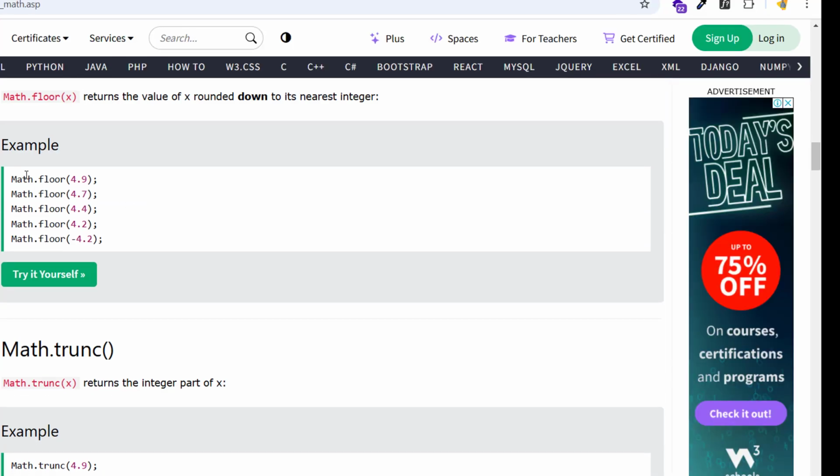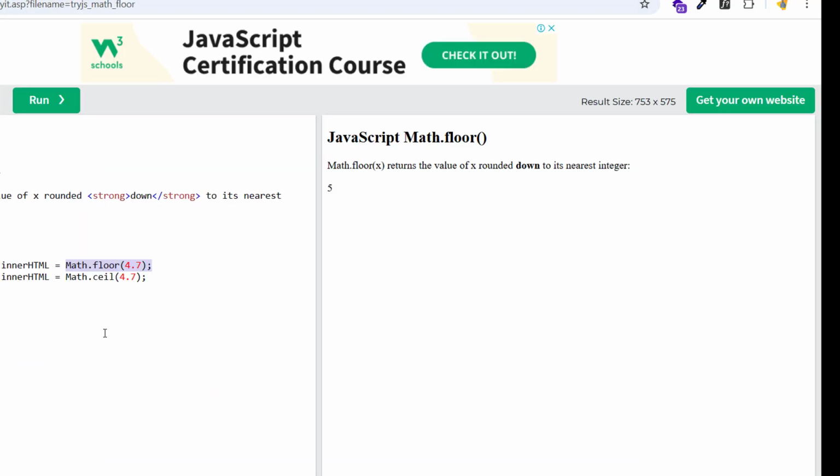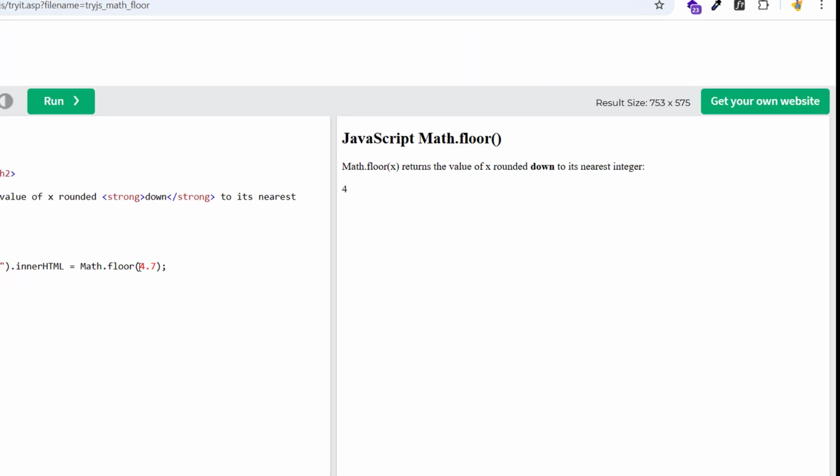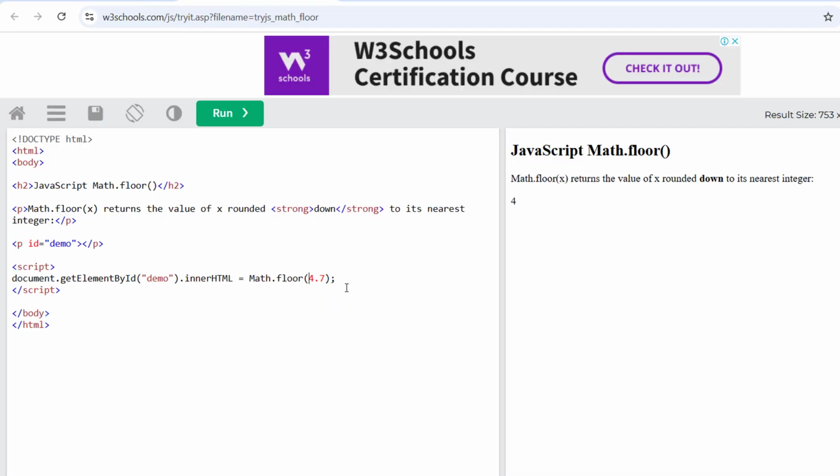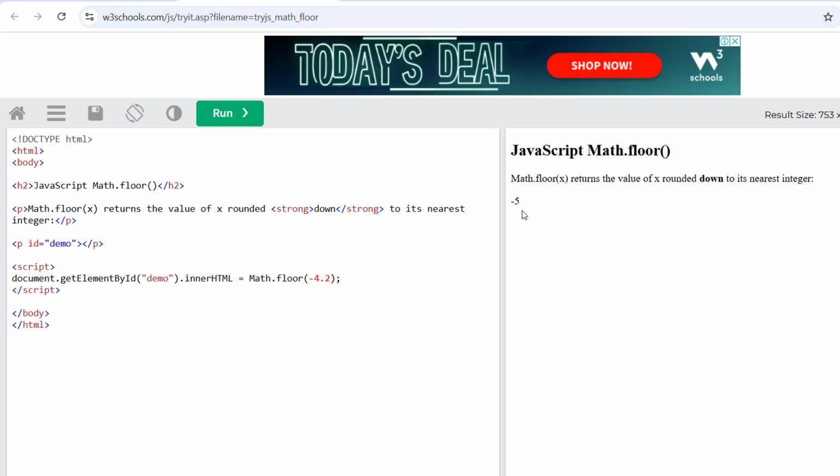Okay, and now come to the negative point. Minus 4.2. So it's minus 5. Math.floor means it will go downwards.